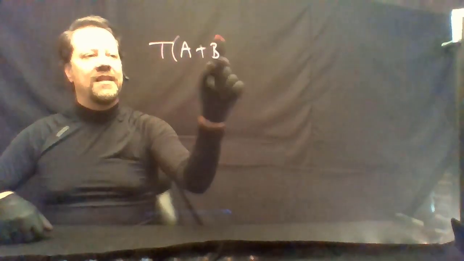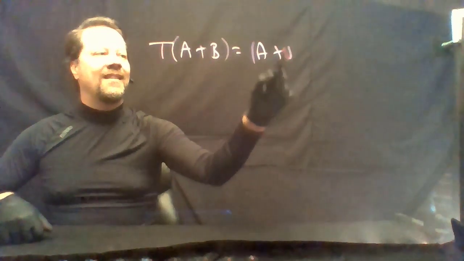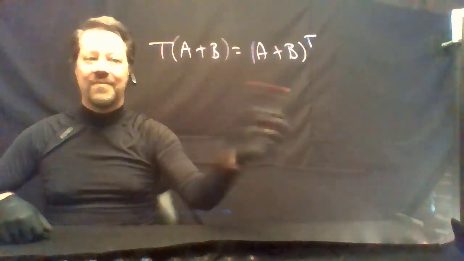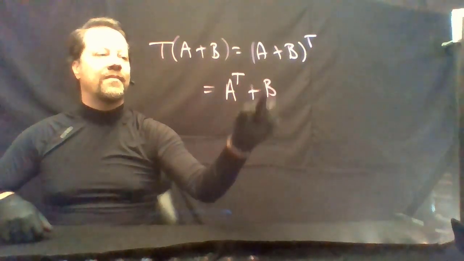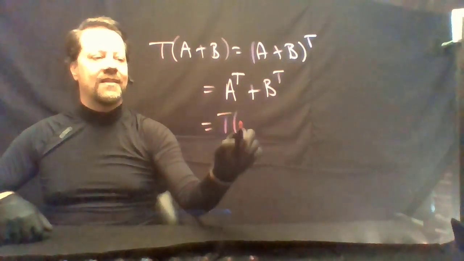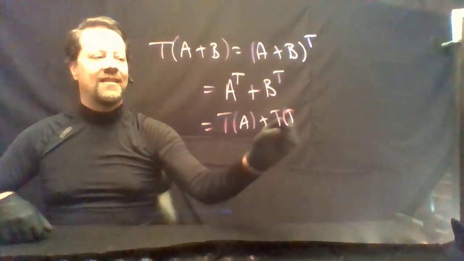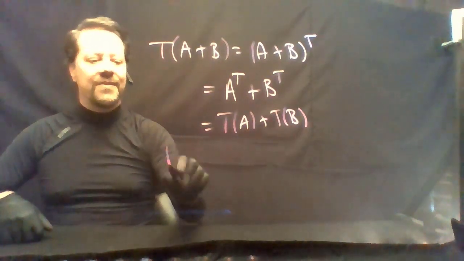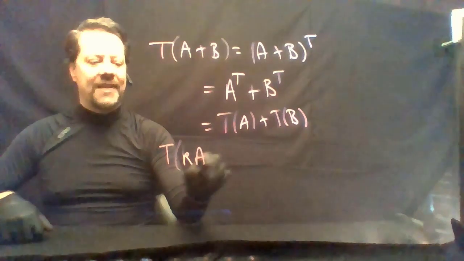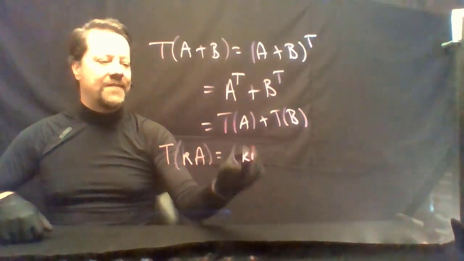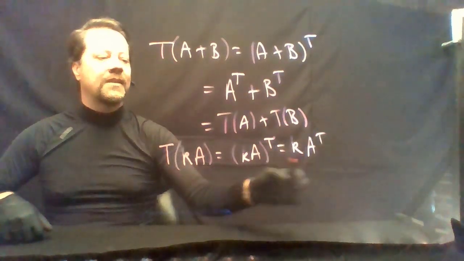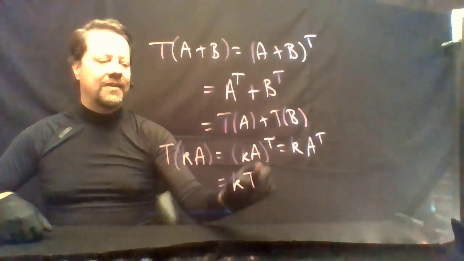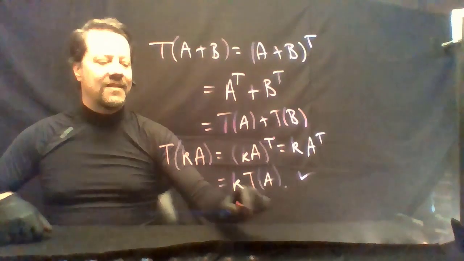In particular, T of A plus B will be (A plus B) transpose. The transpose does distribute across sums, and that gives us T of A plus T of B. Also, T of k times A is (k times A) transpose, which is k times A transpose, and that's k times T of A. So the answer is yes.